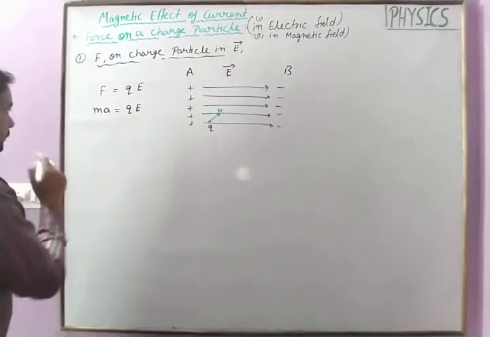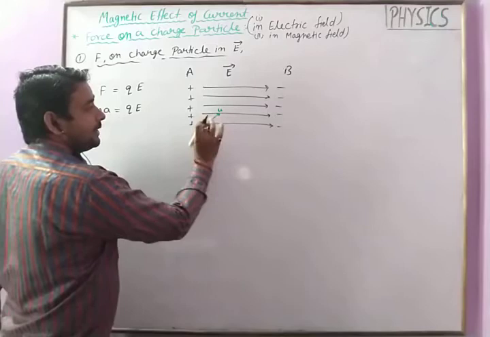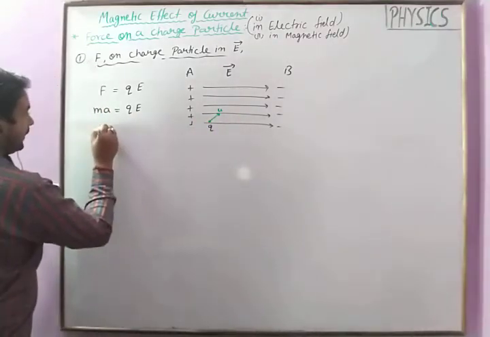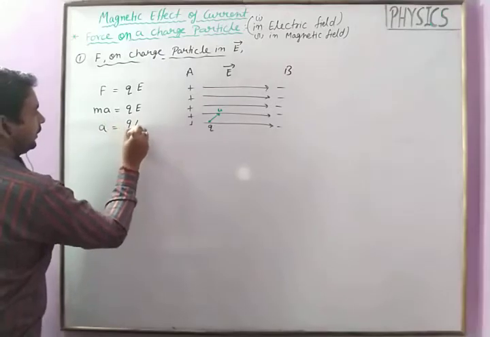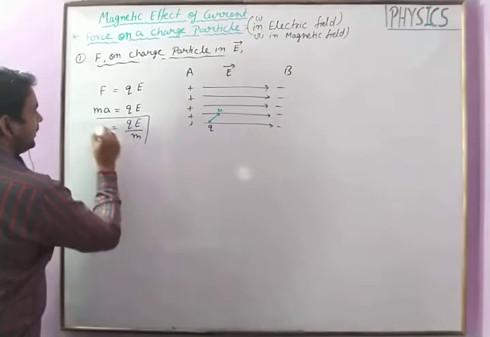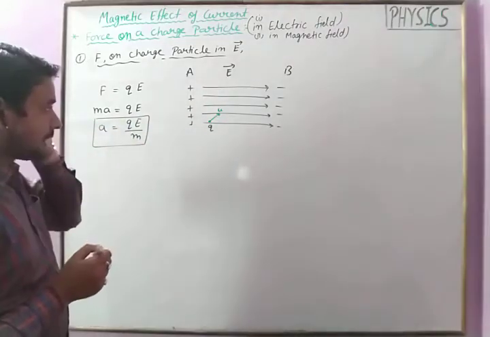Clear? Now the acceleration gained by the charged particle in the electric field is a equal to QE upon m, where m is the mass of the charged particle.